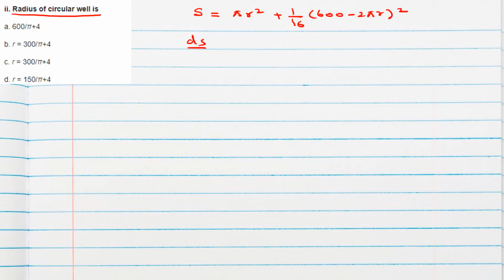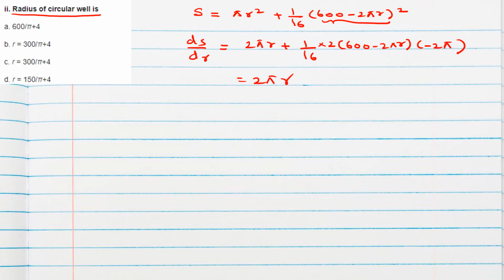So dS by dr we can find here: 2 pi r plus 1 by 16, which is a coefficient, into 2 times (600 minus 2 pi r) into the derivative of this, which is minus 2 pi. So in 2 pi r, this 2 can cancel with the 16, we will get 4 in the denominator, and that is also minus 1 by 4 times (600 minus 2 pi r), and pi also will remain here.